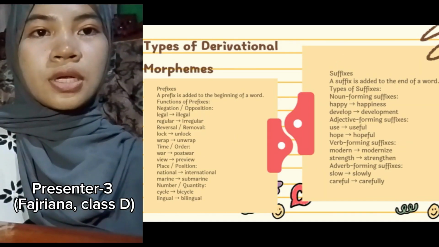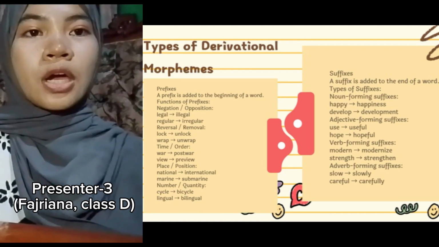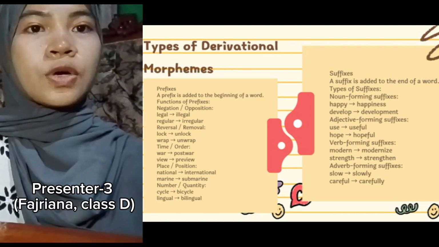Types of derivational morphemes. Prefix. A prefix is added to the beginning of a word.